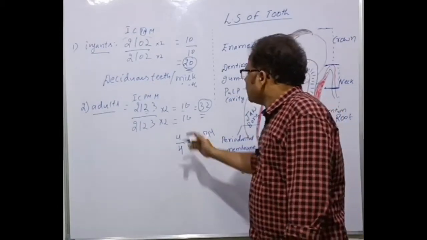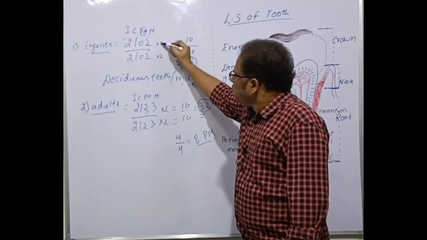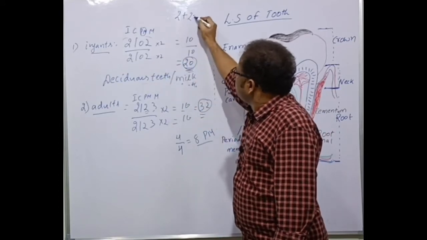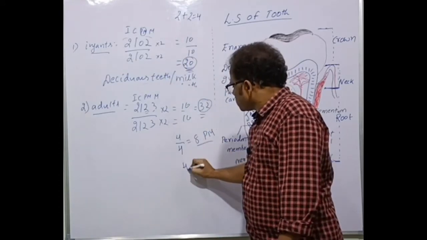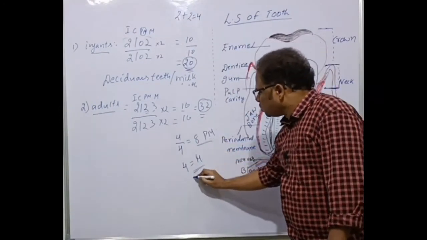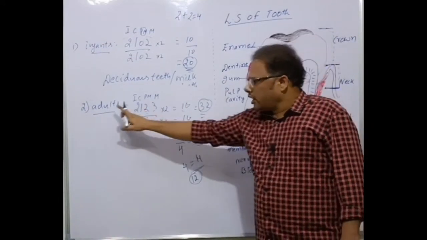Next one is molars. 1 molar is missing. 1 into 2, 2 plus 2, that is 2 molars missing in each jaw, so 4 molars appear later. So 8 plus 4, how much? 12 teeth appear after the child becomes an adult.